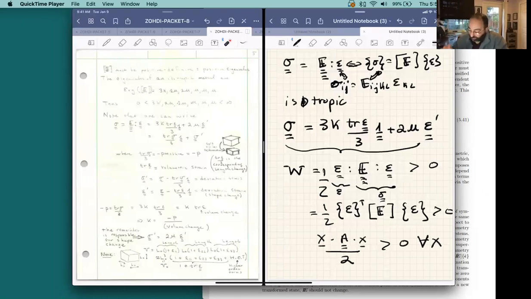And I told you no matter what happens, the product of all that stuff is always bigger than 0. How is that possible? What is the implication on the matrix A?